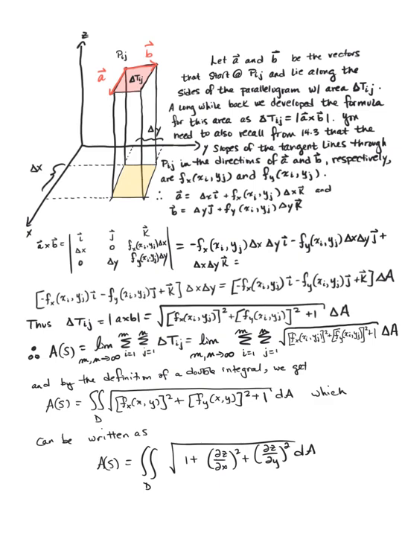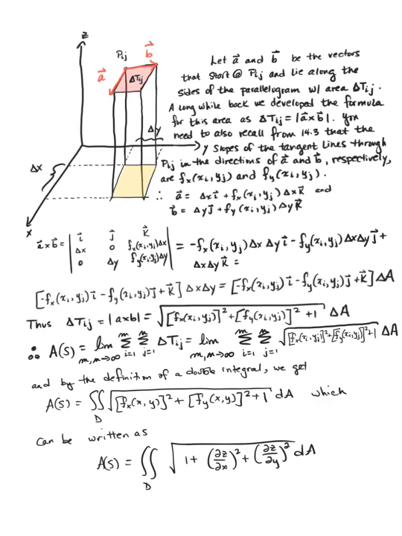A long while back, we developed the formula for the area of a parallelogram: delta T sub ij is equal to the magnitude of the cross product A cross B. You also need to recall from section 14.3 that the slopes of the tangent lines through P sub ij in the directions of A and B, respectively, are the partial with respect to x and the partial with respect to y.